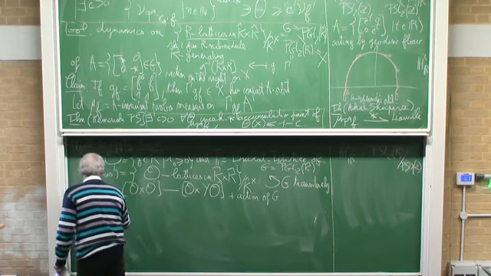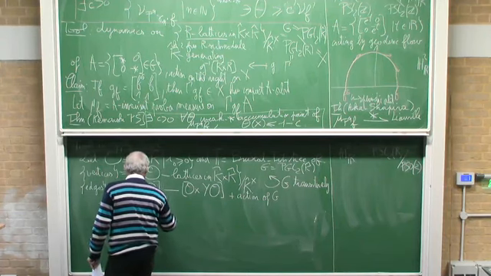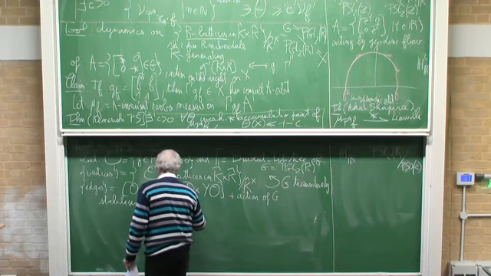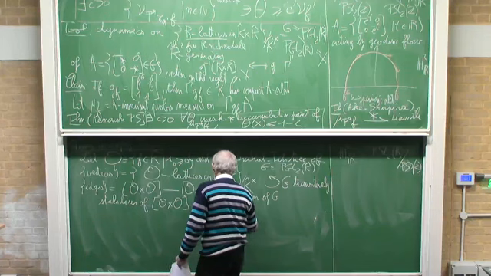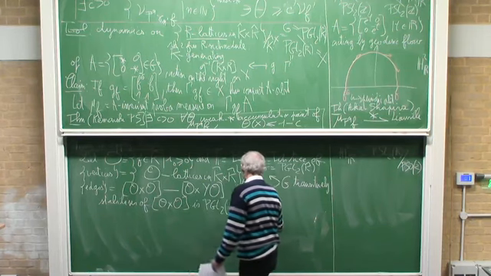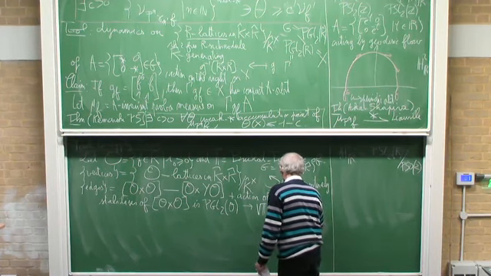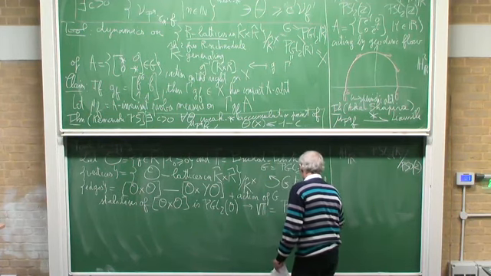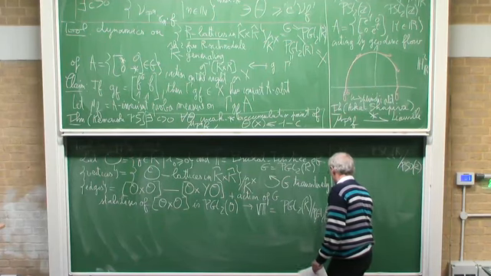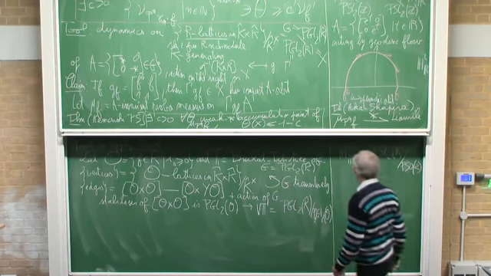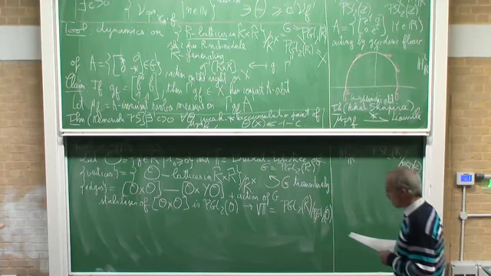The stabilizer of your favorite lattice is PGL2 of O, hence the set of vertices of your tree is the quotient PGL2 of K hat modulo PGL2 of O.